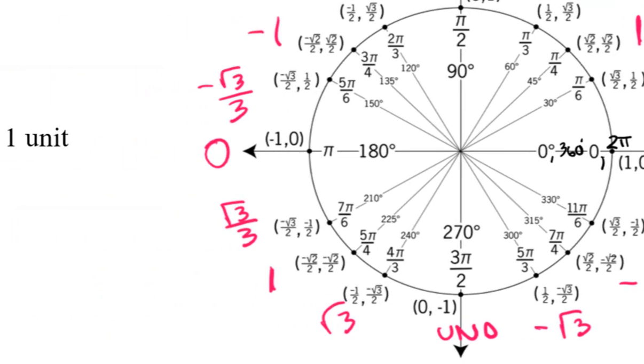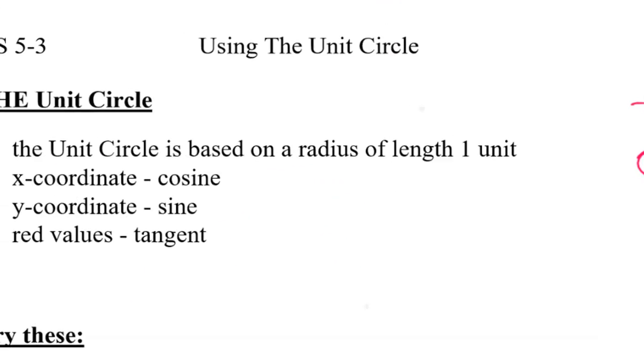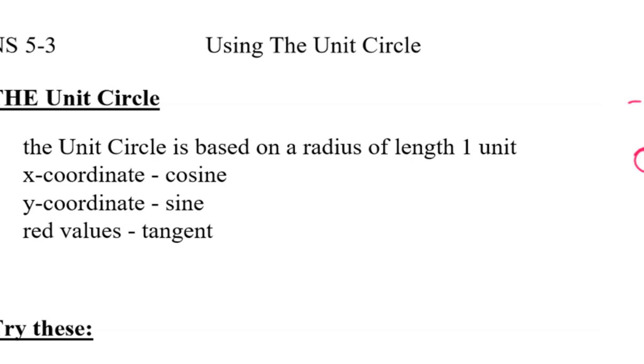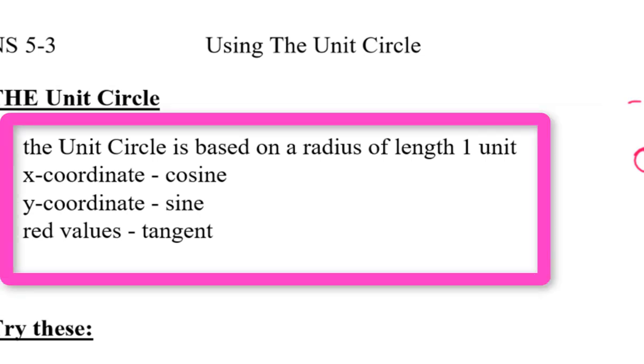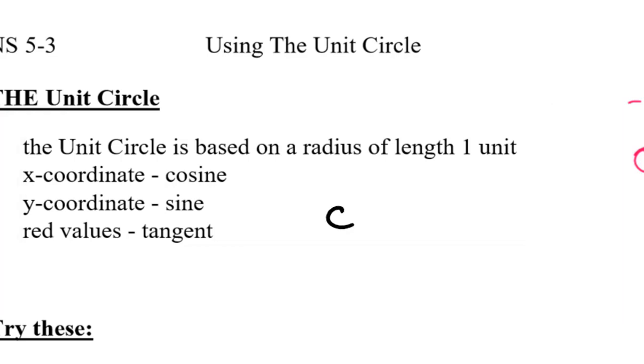Now, when we look at the coordinates around the unit circle, the x-coordinate is going to be the cosine value, and the y-coordinate will be the sine value. One of the ways that I always remember that, so please go ahead and write this down, is cosine and then sine. These are the two values in the parentheses around the unit circle.